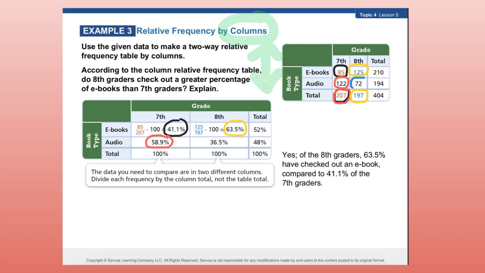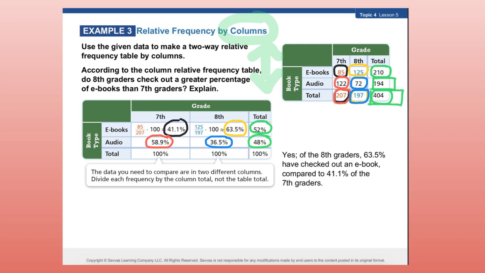Or 72 audiobooks out of 197 gives me 36.5%. And then finally, I've got 210 total ebooks out of 404 total, 52%, or 194 out of 404 total.